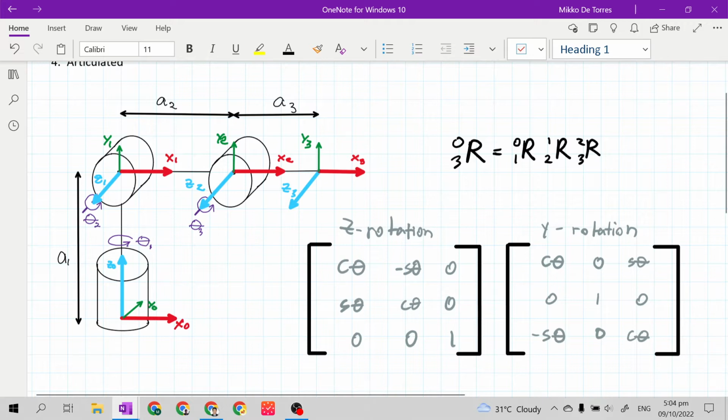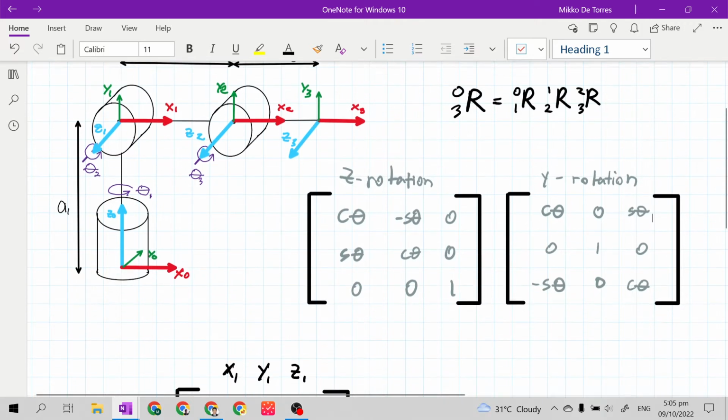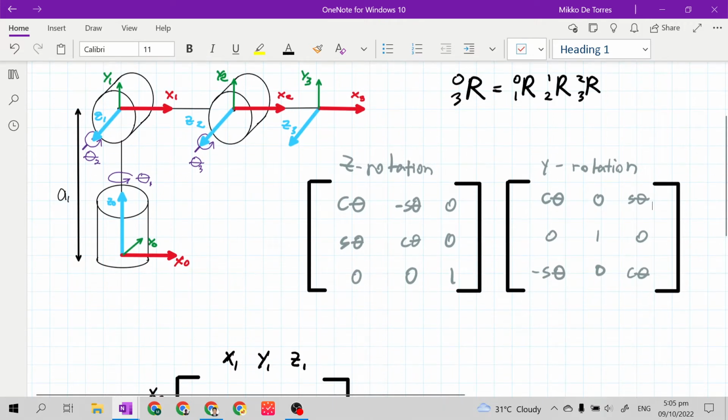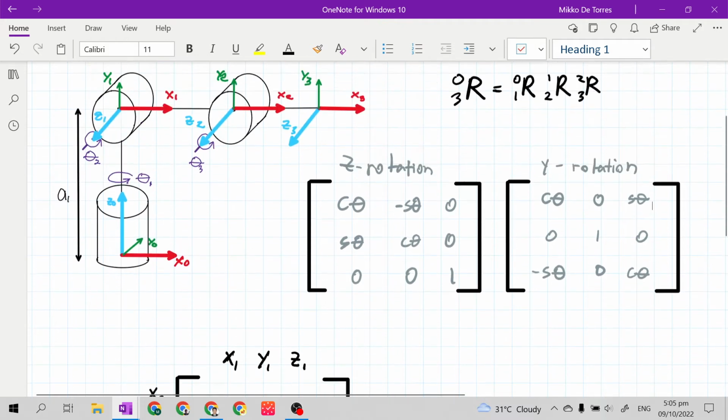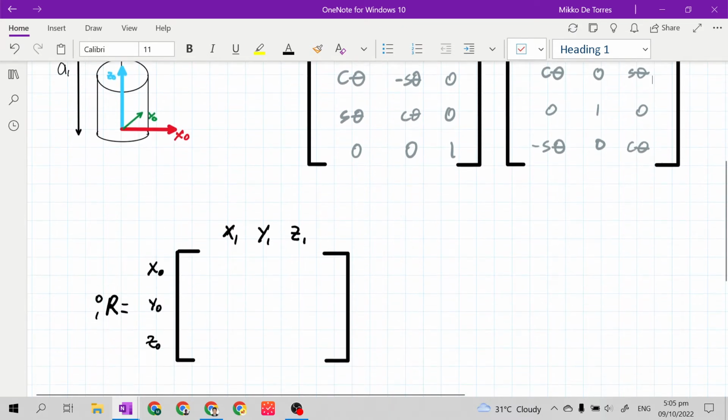Okay, so we will just choose one of these two rotation matrices. Then we will multiply the chosen rotation matrix to the stationary matrix.